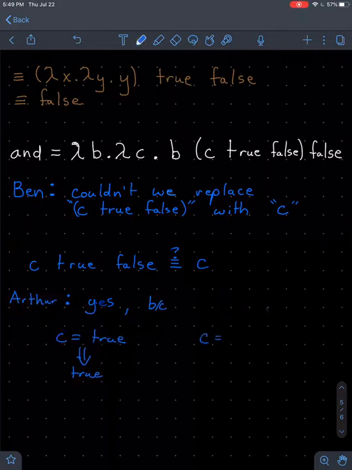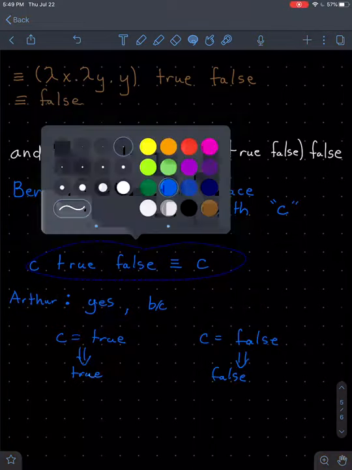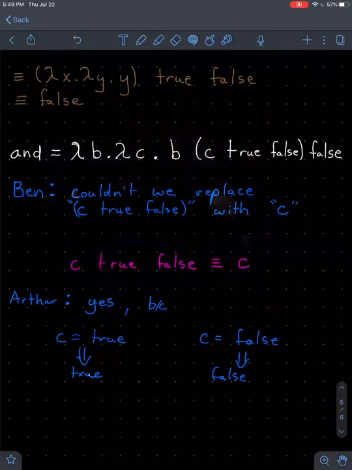And when C equals false, the whole expression gives us false, right? And that's a pretty good signal that we can just draw this. Actually, it's not even a signal, that's an equivalence. We've hit every case. So this fact is certainly true. I'll turn it pink to enshrine it, which means we can simplify our definition of and a little bit.